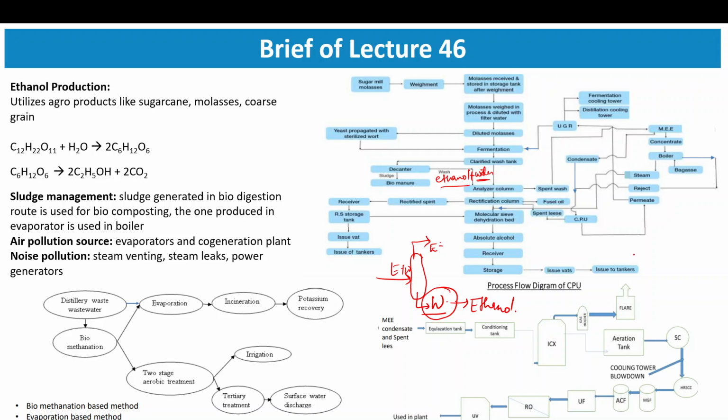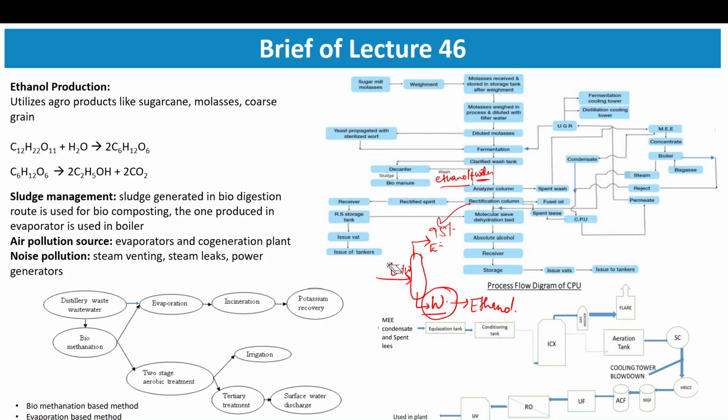So these azeotropes are nothing but constant boiling mixtures, and since we are using the difference in the boiling points as the means to separate, when the boiling point is the same, we will not be able to separate it further. So from the rectification column, we will have 95% ethanol as the product. Still there is 5% water content present in it.